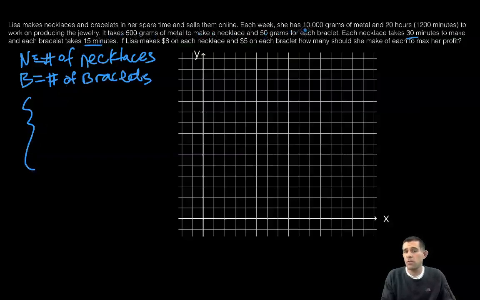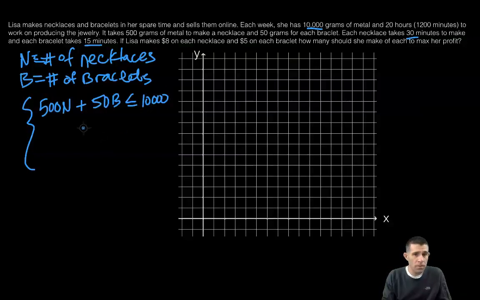So the first constraint we have is the amount of metal. She has 10,000 grams of metal to work with, and each necklace will take up 500 grams. So 500N plus 50B, because it takes her 50 grams of metal to make one bracelet, has to be less than or equal to 10,000.